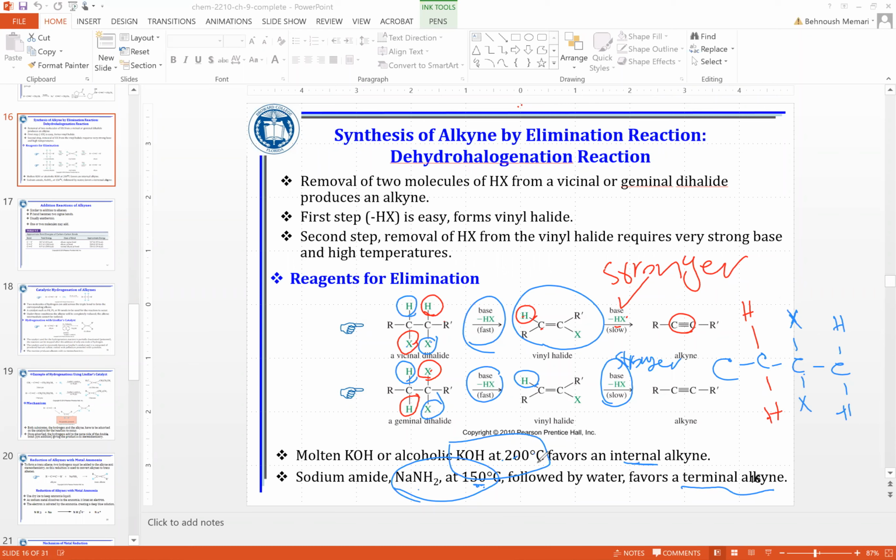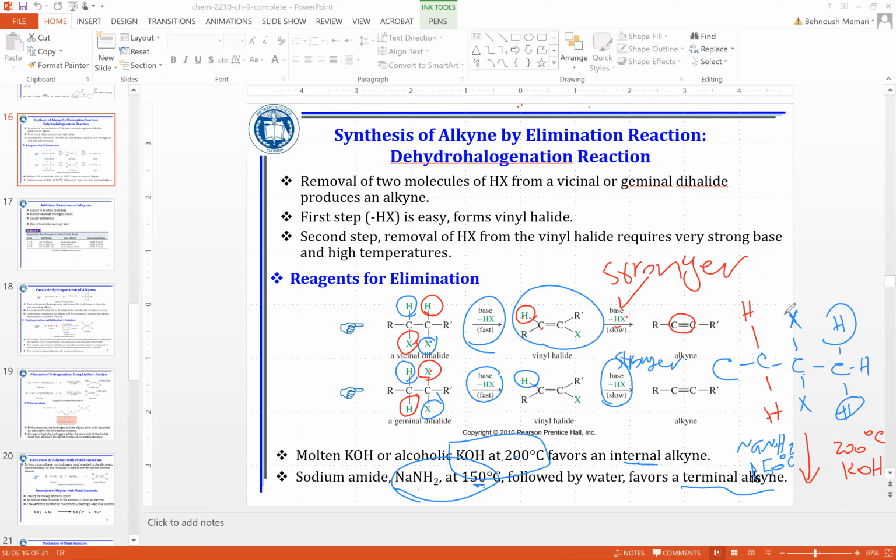Basically, what this statement says is that if you set the reaction condition at 200 degrees Celsius and use KOH, you would remove the red hydrogens, but if you use sodium amide and 150 degrees Celsius, you would remove the blue hydrogens. Removing the blue hydrogens from the beginning of the chain is going to give you a terminal alkyne, and removing the red hydrogens from the inner carbon would give you an internal alkyne.